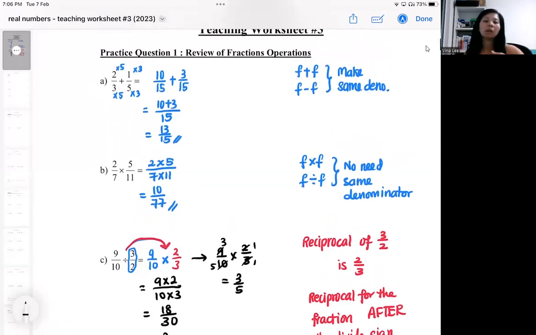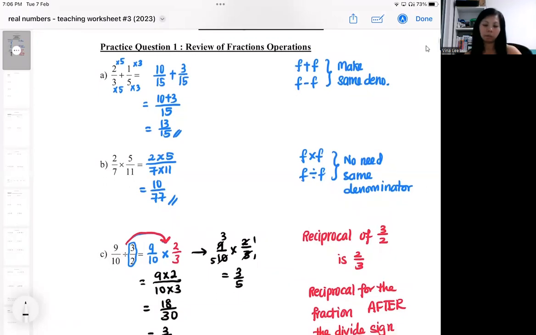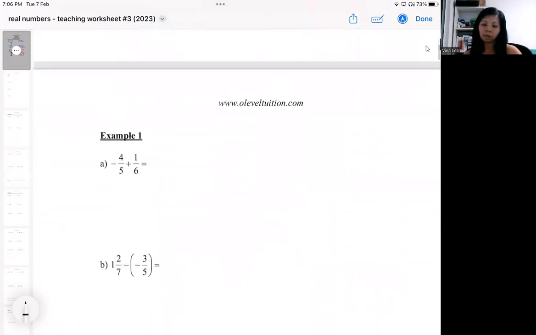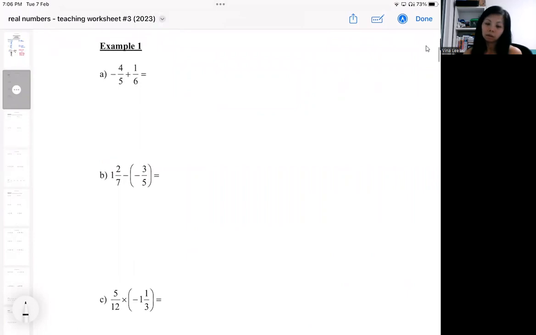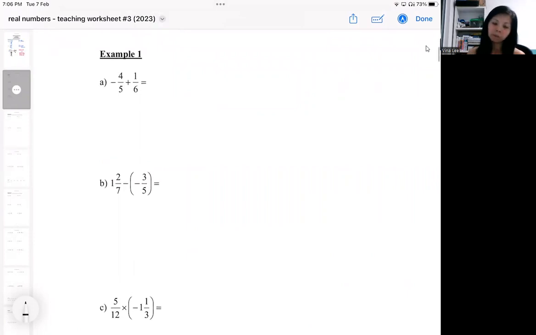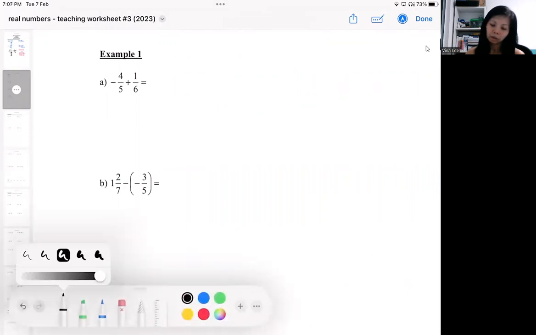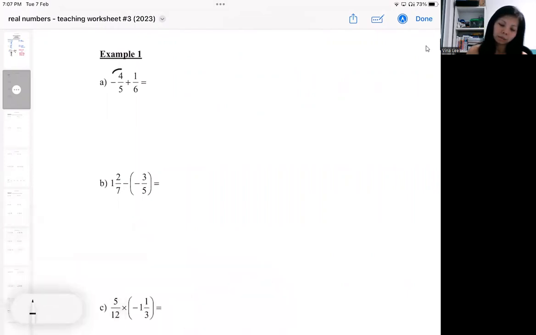Then we go to fractions that involve negatives. This is just a review of whatever you have learned in primary school, and we're going to apply it to negative numbers. The rules that you learned in the second teaching worksheet will still be applicable. So when you see a fraction like this, for example, to make life easier, the negative belongs to the numerator.